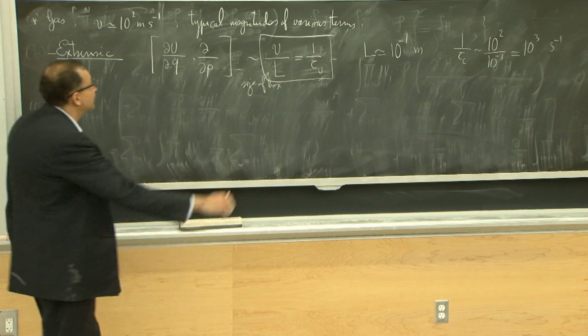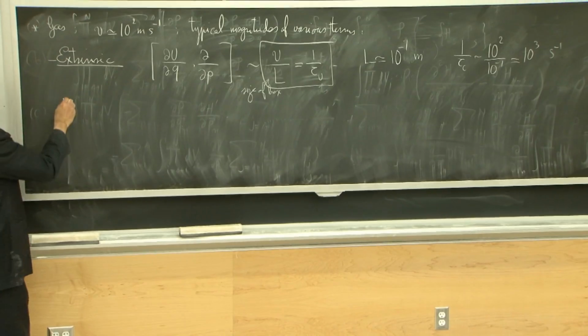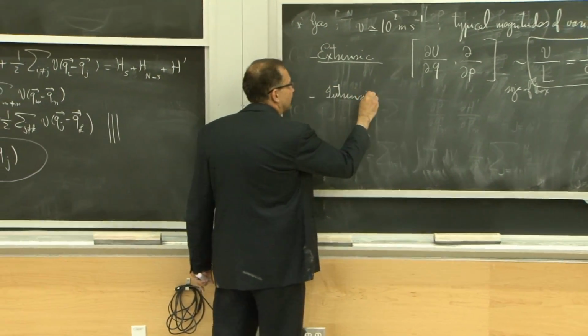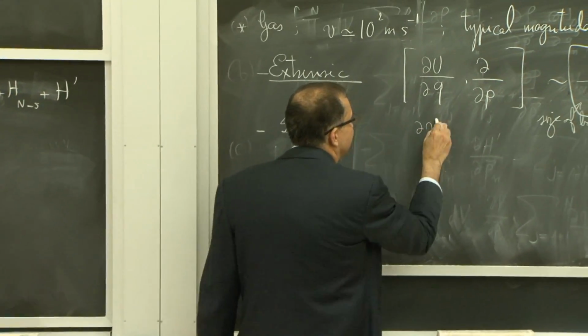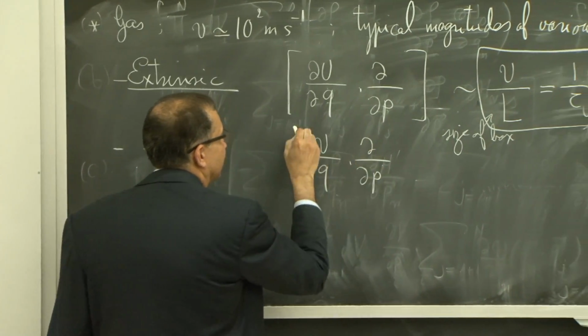But there is another time scale inside there that I would call intrinsic, which involves dv, dq, d by dp.